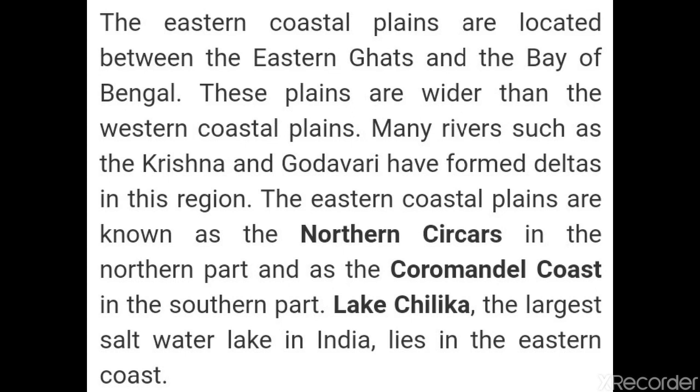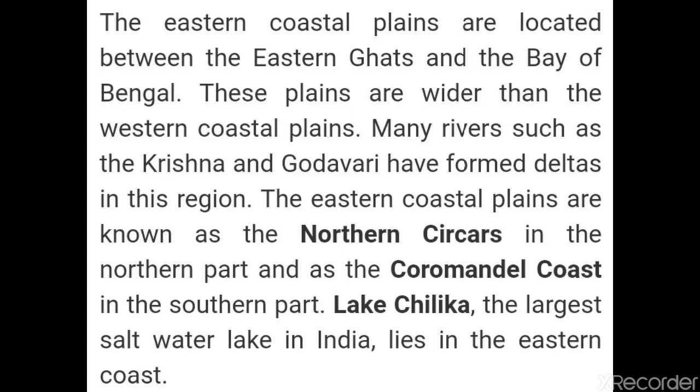Many rivers such as the Krishna and Godavari form deltas here. The eastern coastal plain is known as the Northern Circars in the northern part, whereas in the southern part it is known as the Coromandel coast.